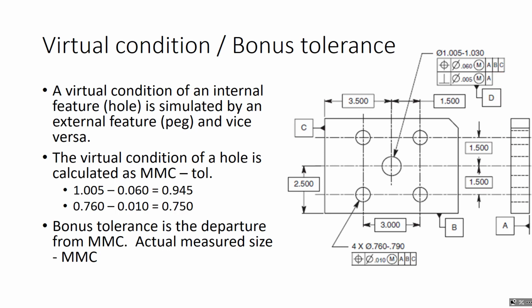So it would be relative to the back face, it would be measured 2.5 up relative to the bottom face, and 3.5 over relative to the left face. So at that theoretical position of 2.5 up and 3.5 over, there would be a 0.945 diameter pin that this plate would have to fit over.